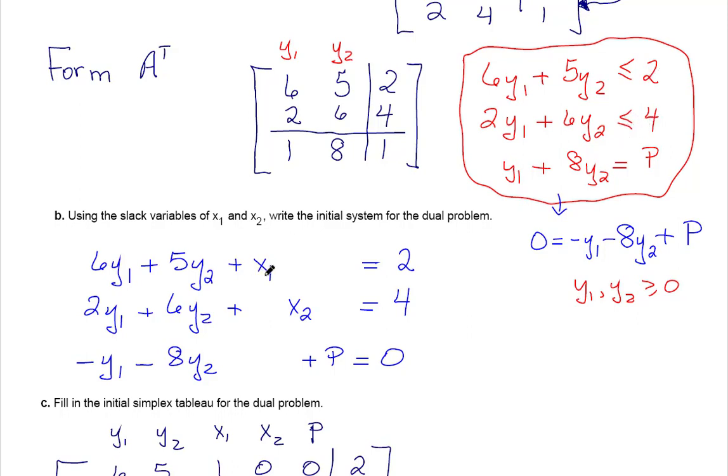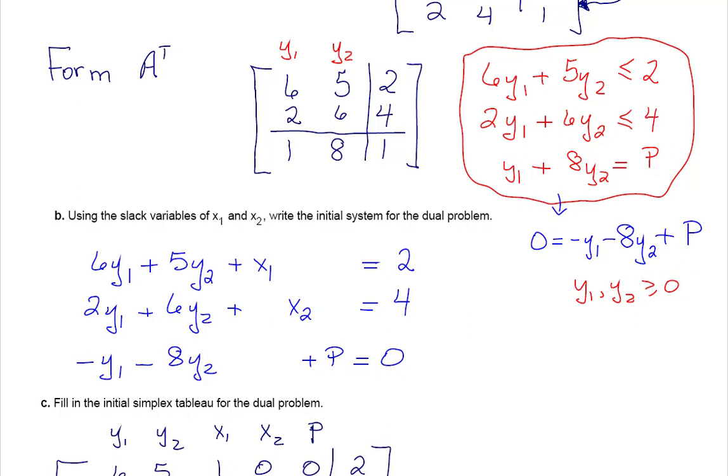So that's x1 here, x2 there. Now my last row looks different than what we saw for P. So we simply get a 0, and now I move the y1 and y2 to the right-hand side. So I get negative y1, negative 8y2, plus P equals 0.